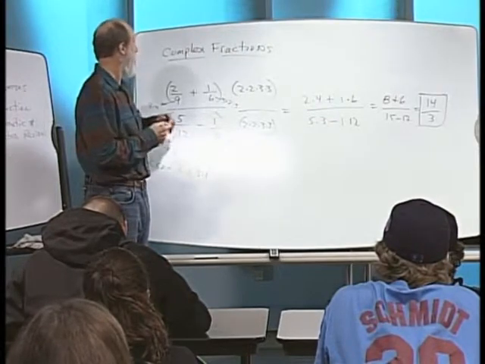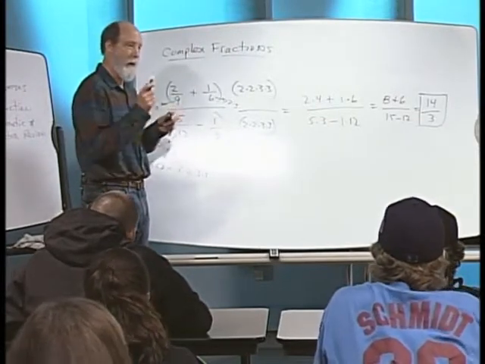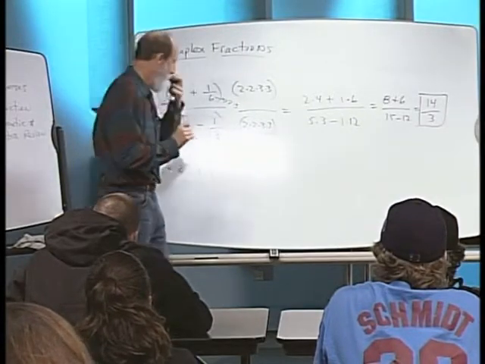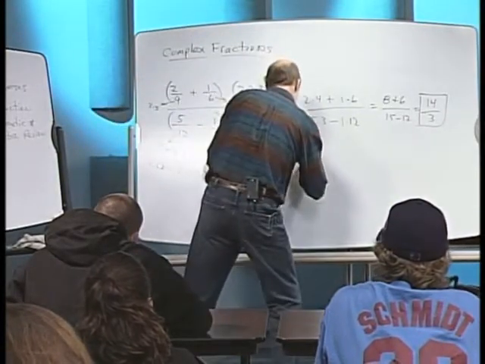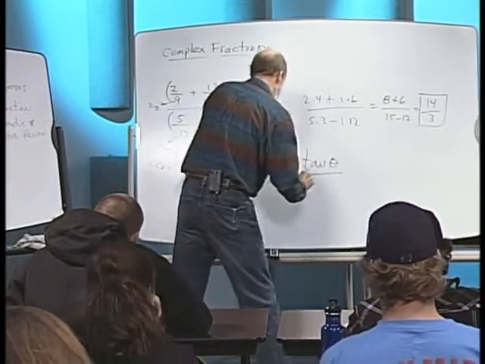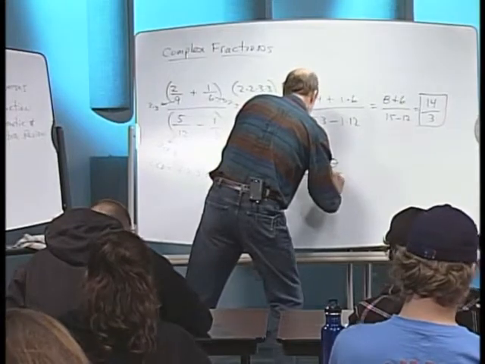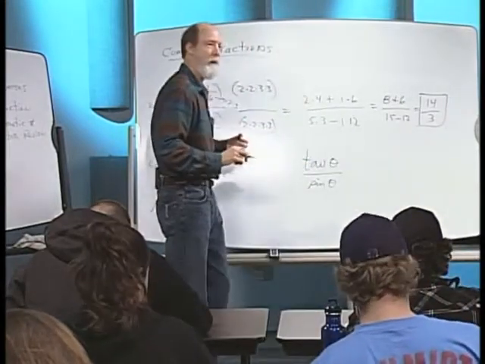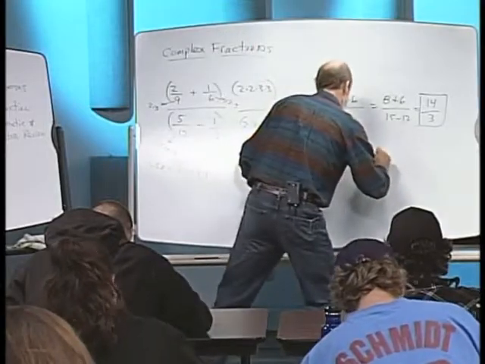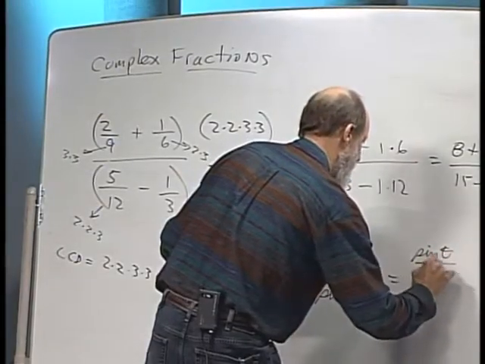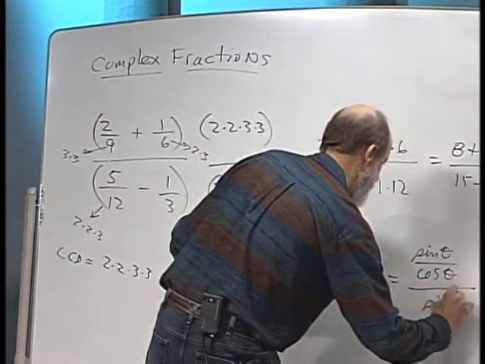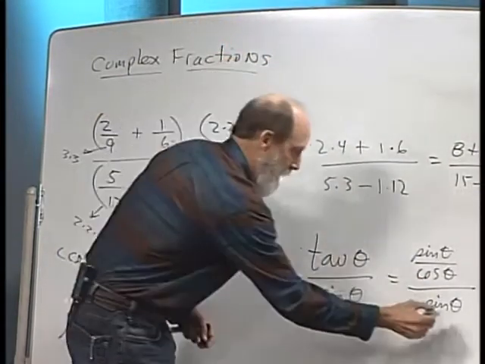How would this show up in an identity? What if I gave you tangent of theta divided by sine theta? This is sine of theta over cosine of theta divided by sine of theta. Think of that as over 1.